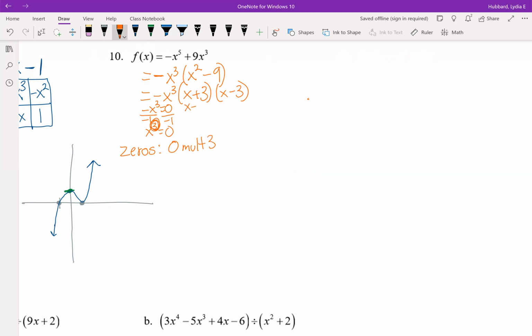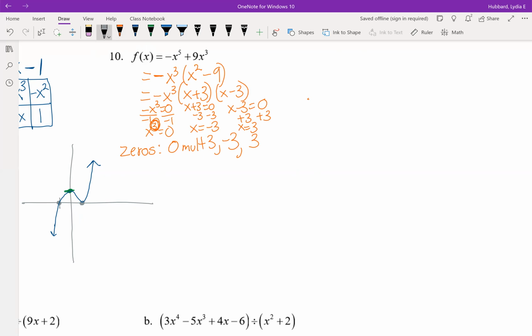When I set this second factor equal to 0 and solve, I'm going to get that x equals -3. So that's another one of my roots. And when I take this third factor and set that equal to 0 and solve, I'm going to get that x equals +3. Okay, so those are going to be our zeros there.